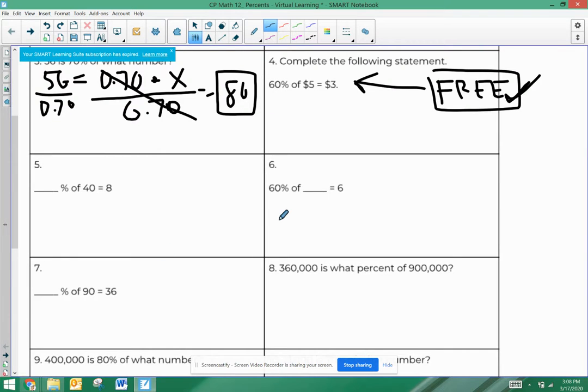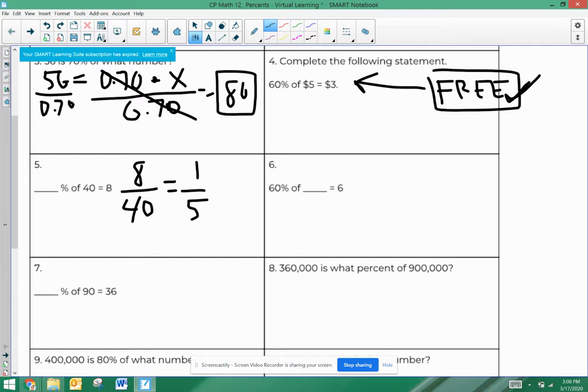Another one in this one. Number 5, blank percent of 40 equals 8. Okay, so here's another way to do it rather than setting up the equation. So I know 8 over 40 is 1/5.